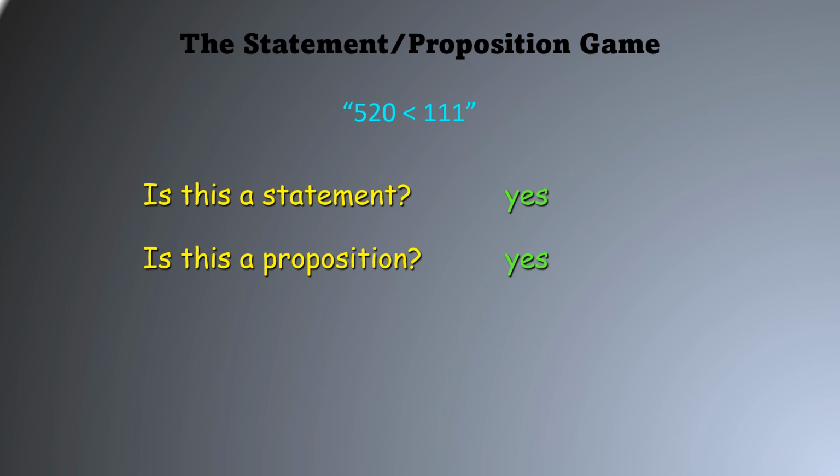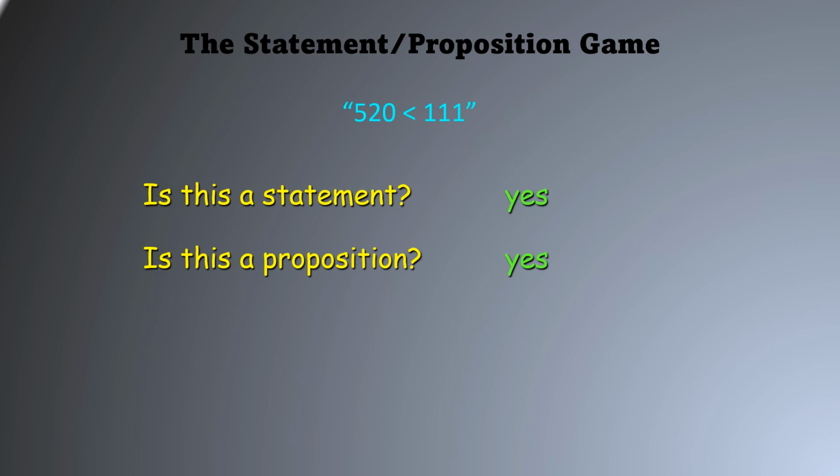Why? Because even if 520 in reality is greater than 111, the statement 520 less than 111 is a false statement. Again, as we defined it, a proposition is a declarative sentence that can be true or false, but not at the same time true and false.